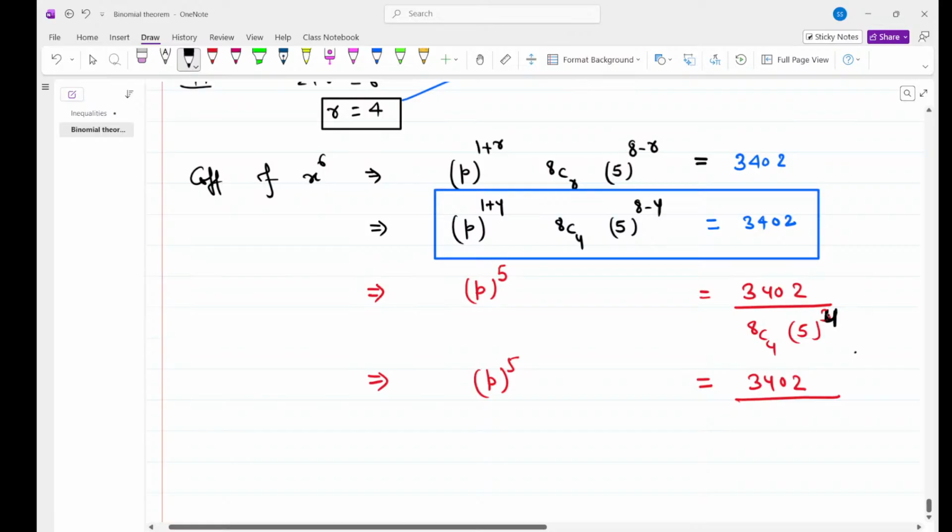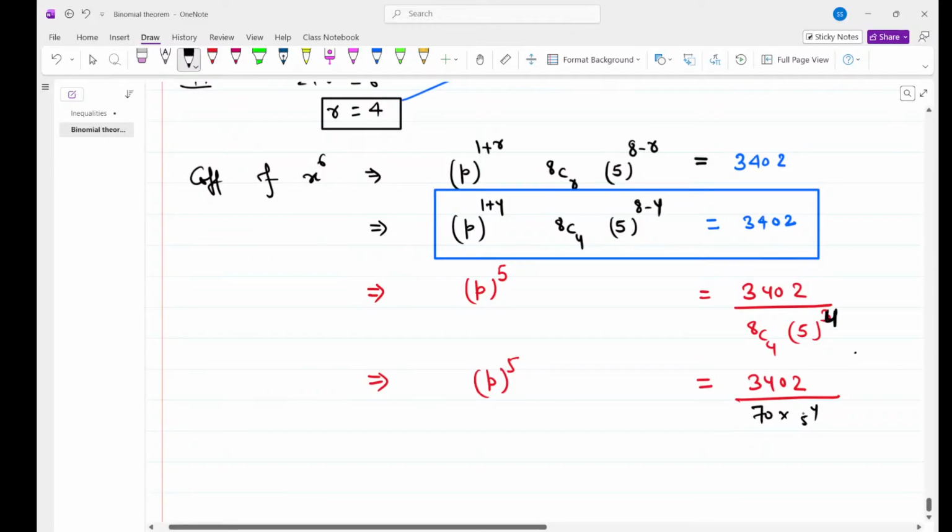Okay. So 8C4, let me find. I got it. 8C4 is 70 basically. Yeah, 70 times, and then 5 raised to power 4, which is 625.